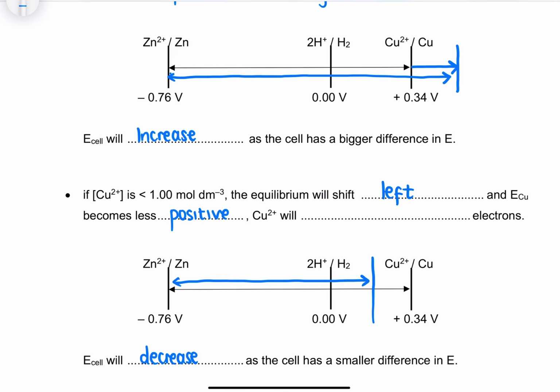It's still gaining electrons. It's just going to gain fewer. It's still on the right-hand side of the zinc one. The electrons are still flowing in this direction towards the copper 2+, just not as many. So it shifted left, and the gap between it and the zinc half cell is not as big.